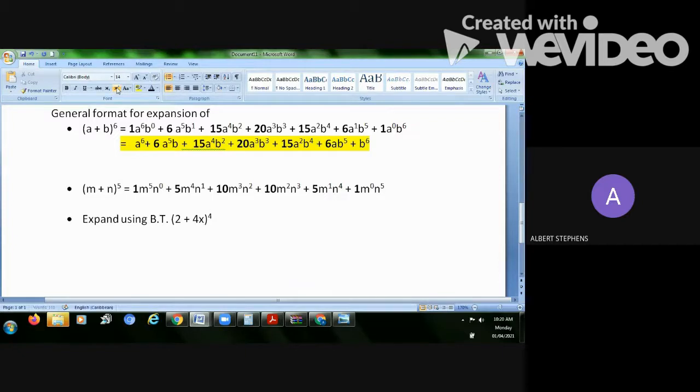Okay, so we want to look at that, right? So the first thing I'm going to do is see, this 2 would be like the a, not true? So all of this will be a, and all of this will be what? b. All right, so let me bring the question down here.